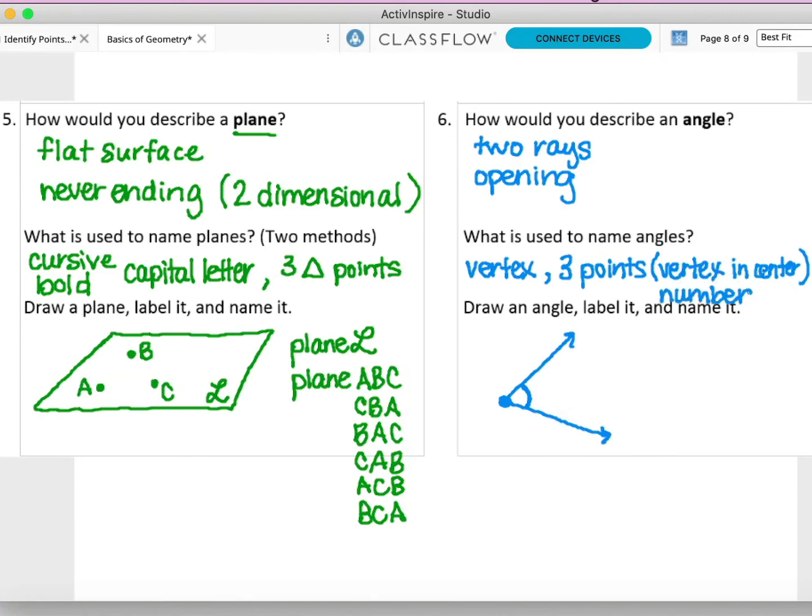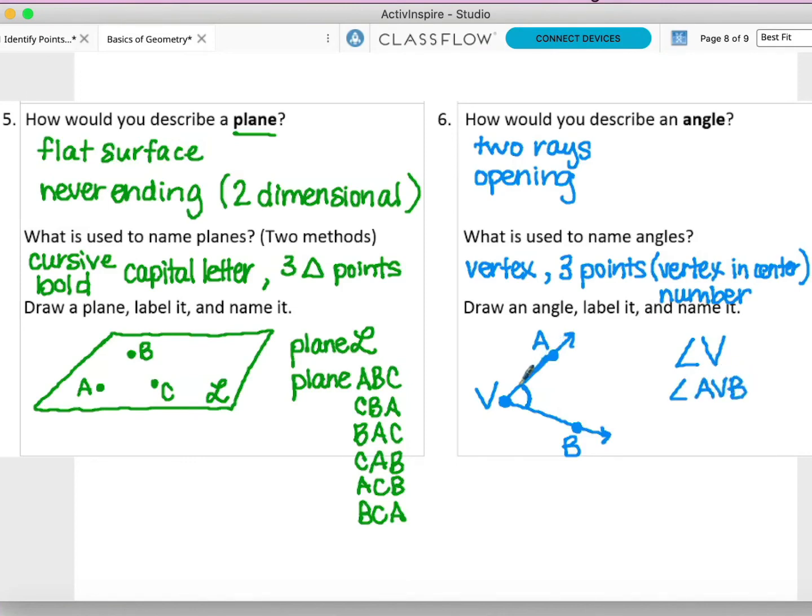Okay, so let's say if this was a capital V point, and that's the vertex, we could name this, and here's the symbol for it. We could name that angle V. It almost looks like a less than sign. Angle V. Another way we could do it was with 3 points. So if I pick one point on this ray and one point on this ray, maybe point A and point B, capital letters, I could call that angle AVB.